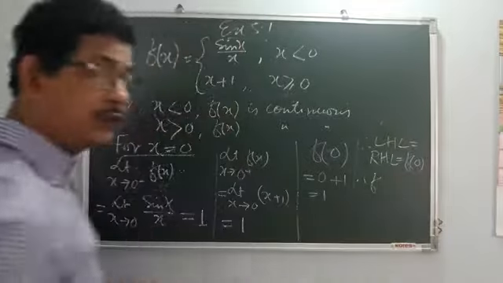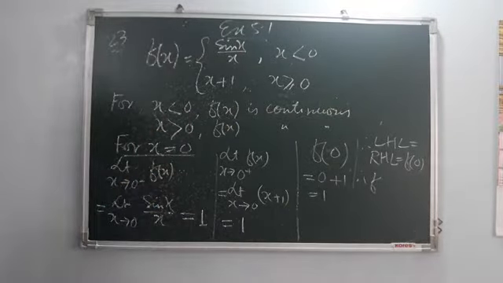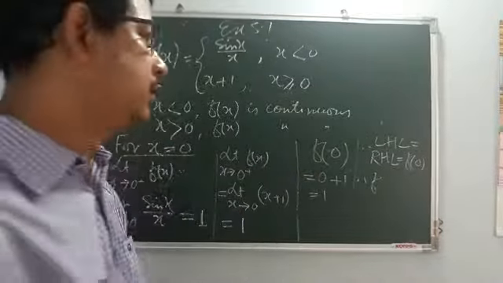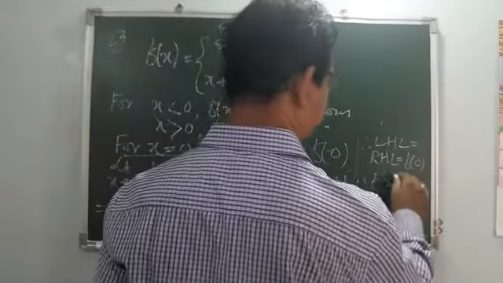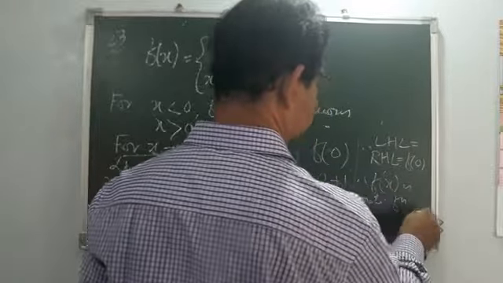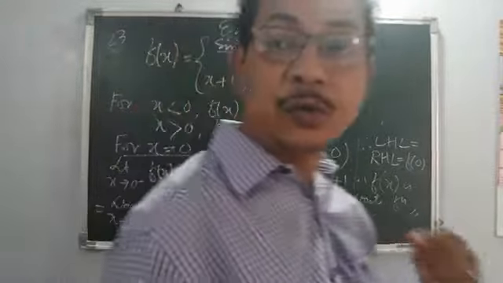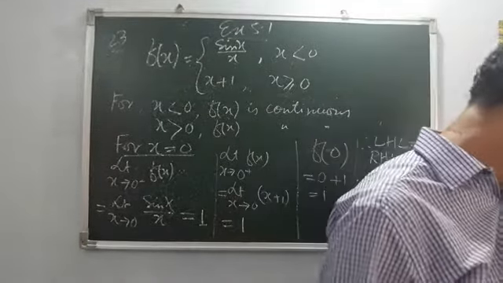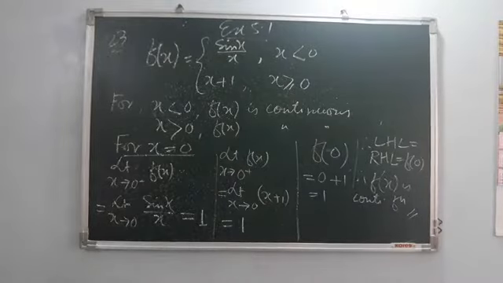Therefore, f(x) is continuous at x equal to 0. And not only this, f(x) is continuous for all real numbers. Therefore, f(x) is a continuous function, that is, there is no discontinuous point in f(x). So this is our question number 23.